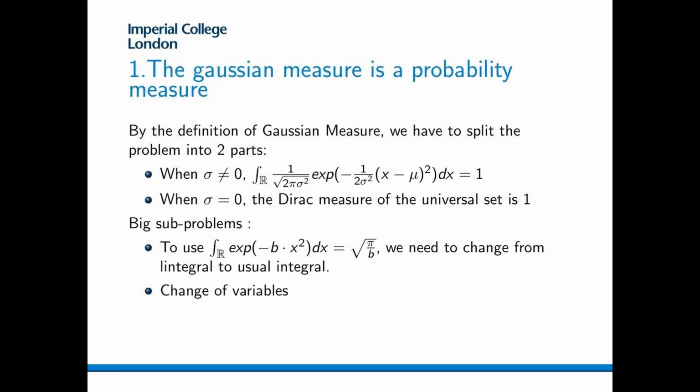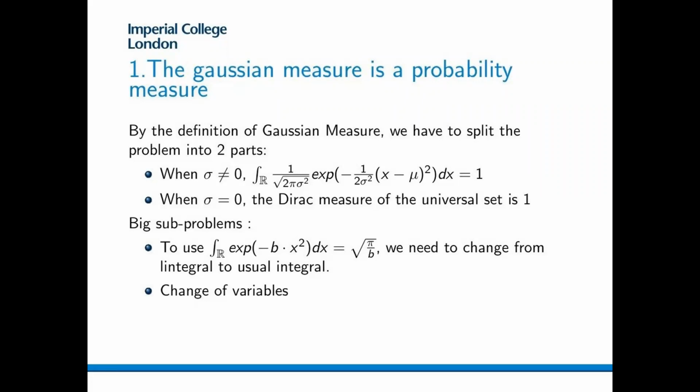The first one: we want to prove that the Gaussian measure is a probability measure. By the definition of the probability measure, we need to prove that the Gaussian measure of the entire set equals 1. The problem will be split into two parts because of the special definition of Gaussian measure.